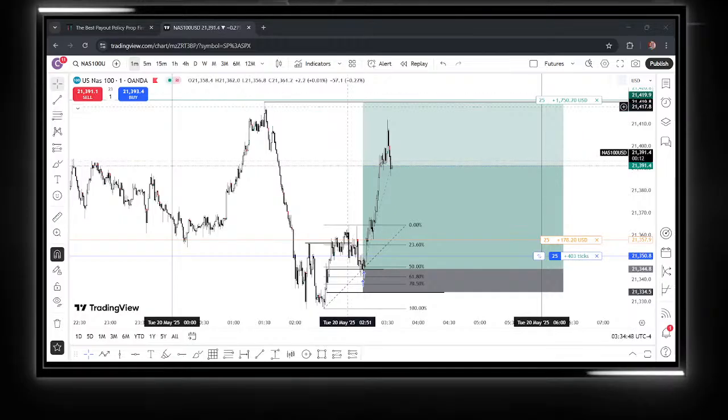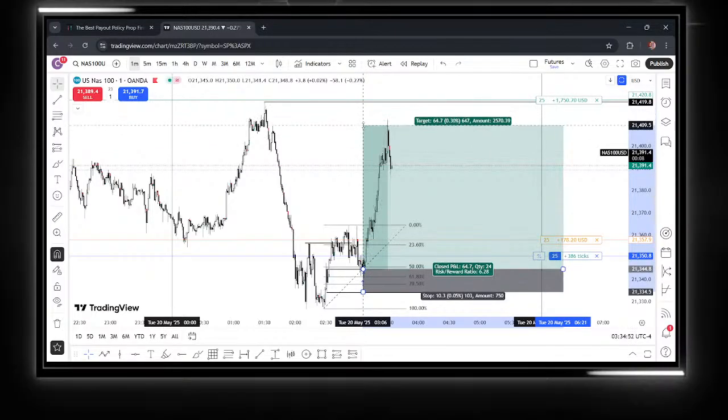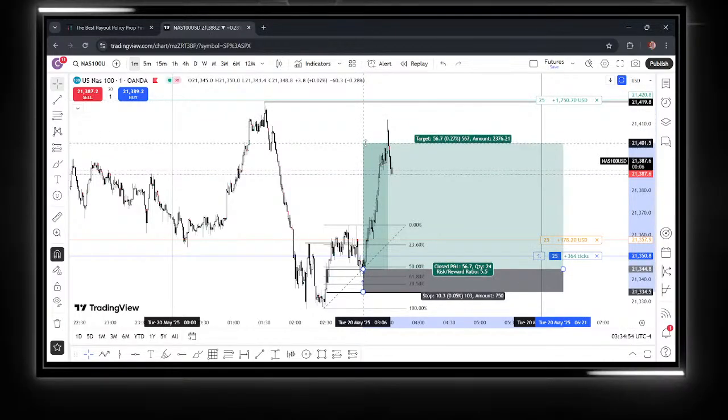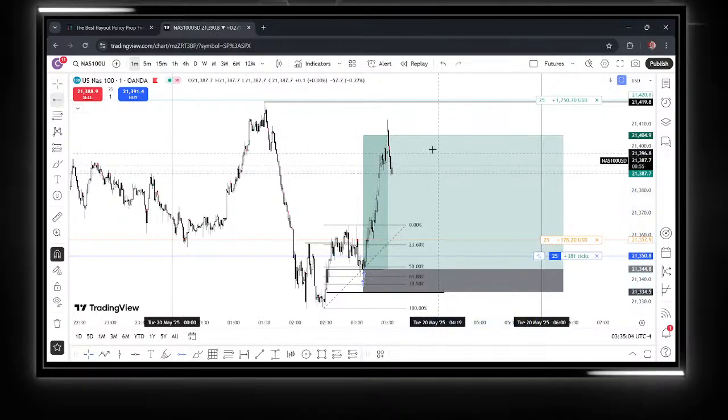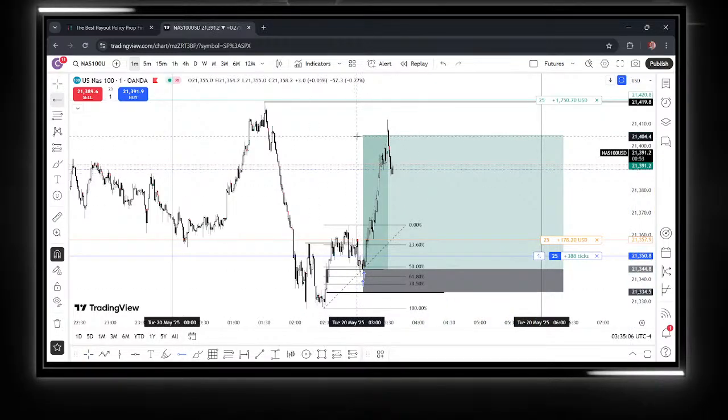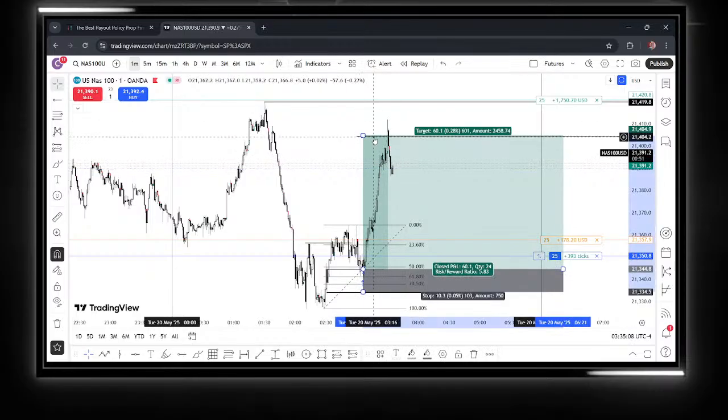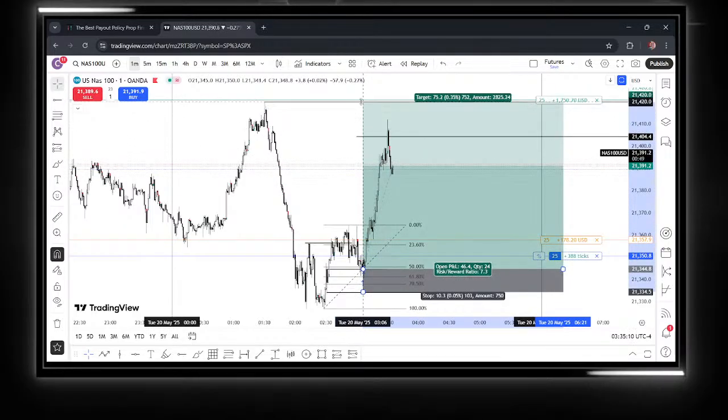So if you have your 5.8 highlighted, it's about somewhere here. Yeah, about somewhere there. I'm just going to put it lower there. That's where it is now.